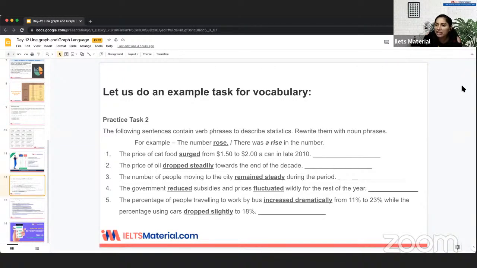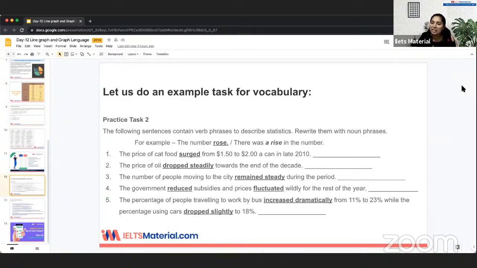Okay, you have taken: the number of people moving to the city was constant during the period. Was steady or was steady during the period. The number of people moving to the city remained constant, remained steady, was steady.